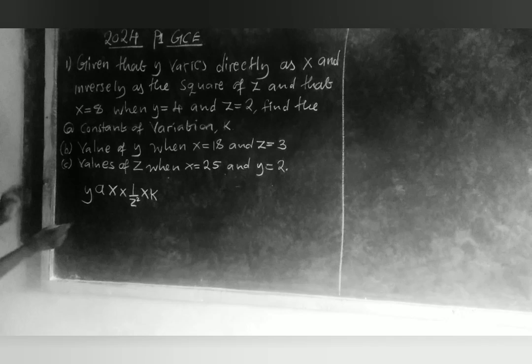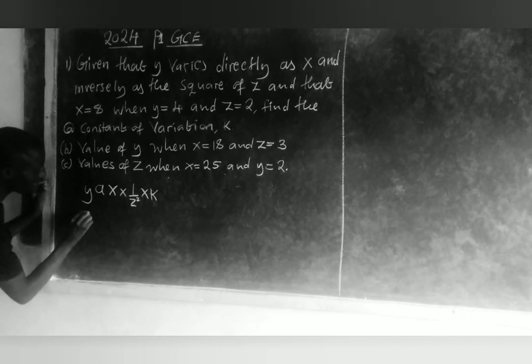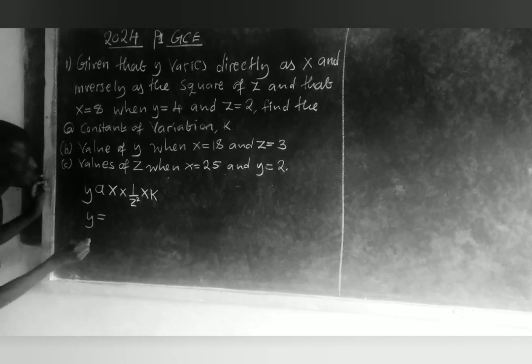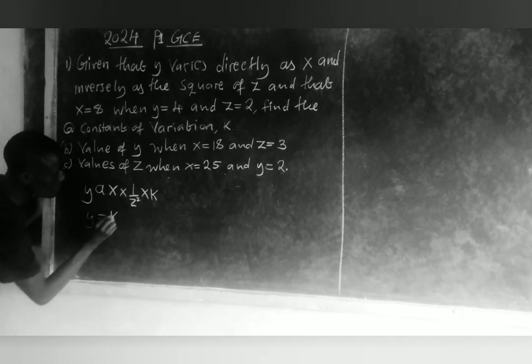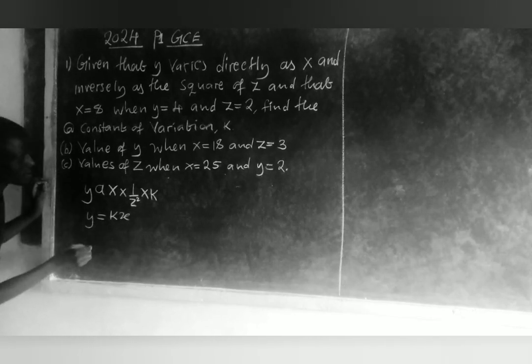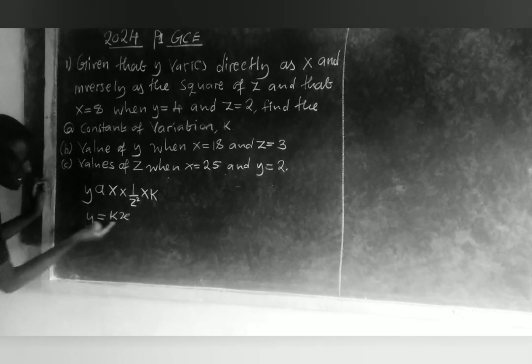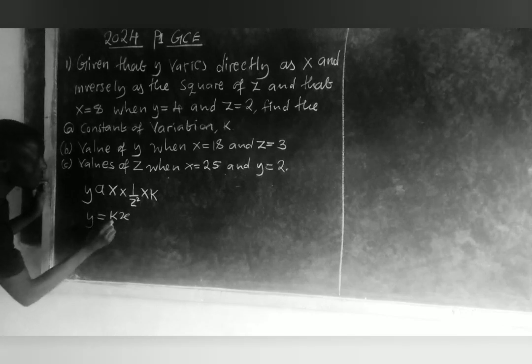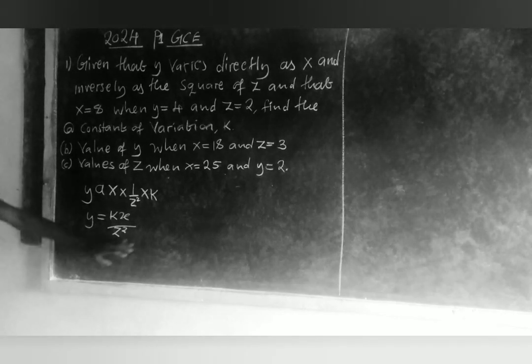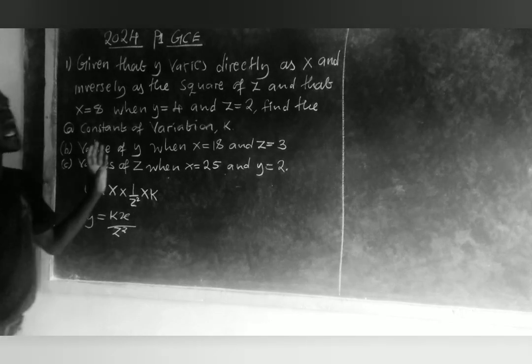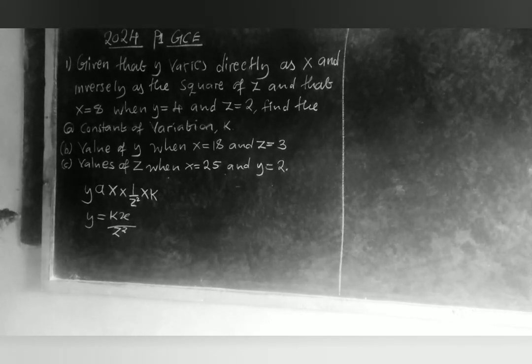Henceforth, we can now draw the formula to say y is equal to k times x, then 1 times everything here, and this is going to be the denominator of everything. Hence, this is the interpretation of what is being represented in the statement.